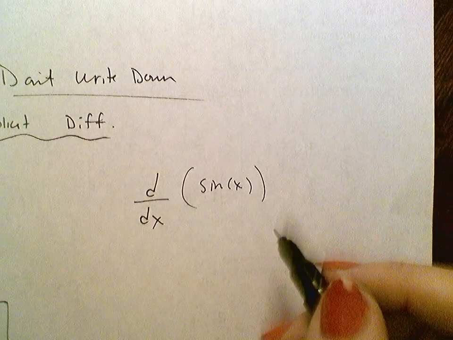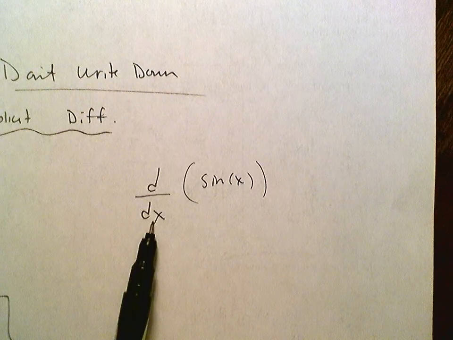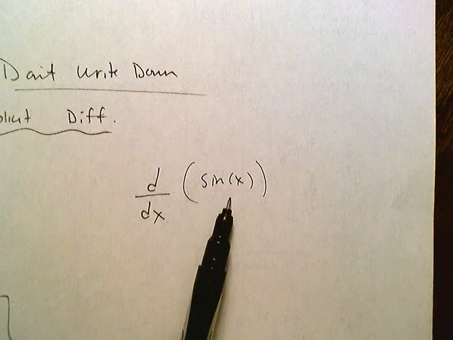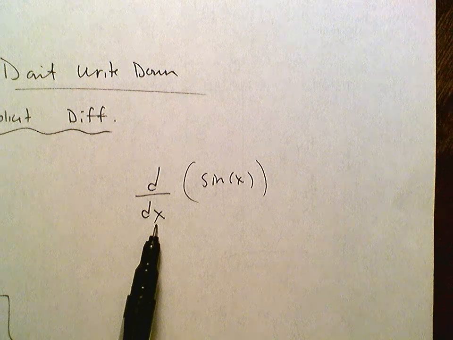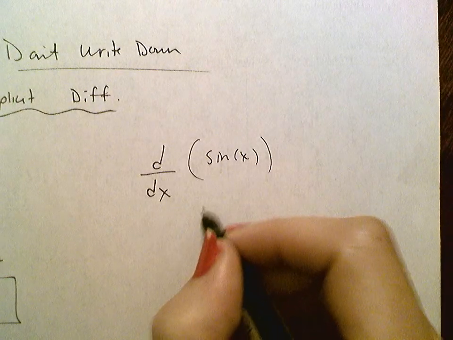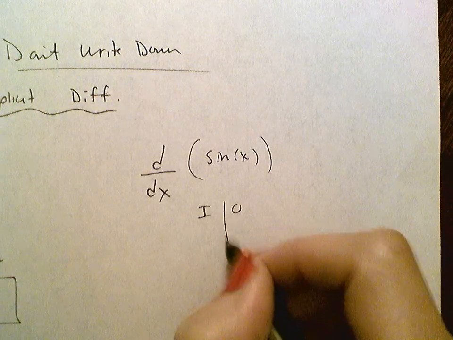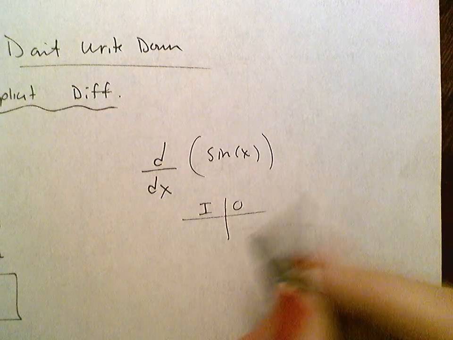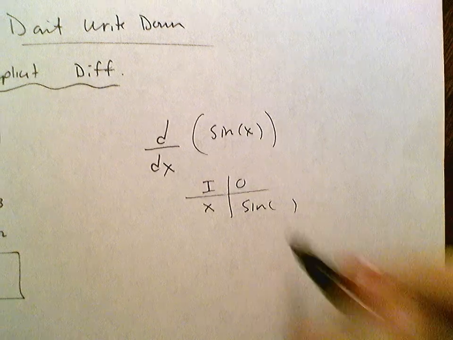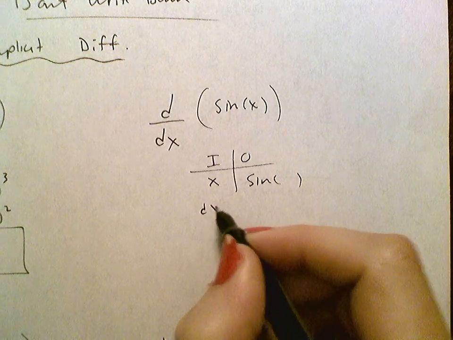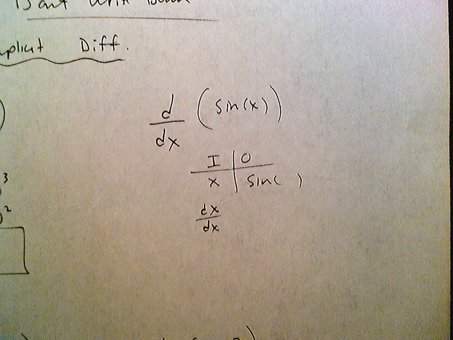All right, let's do this one. This time we're doing the derivative with respect to x of sine of x. Since it's d dx, we know that x is the independent variable. But since I'm doing implicit differentiation, I'll just do chain rule on everything. Innermost function is x. The outer function is sine of blank. So this is dx over dx.